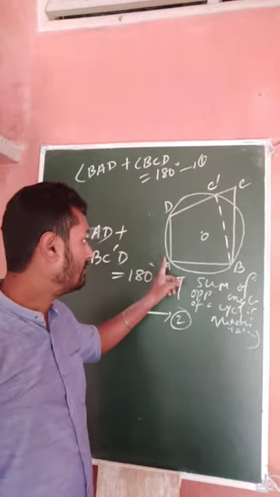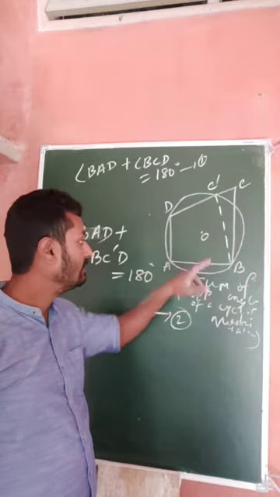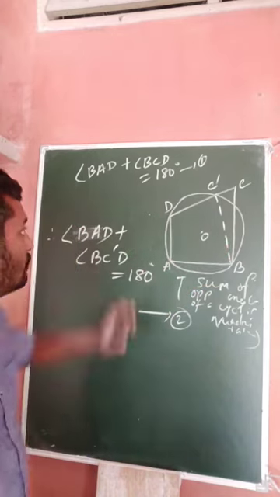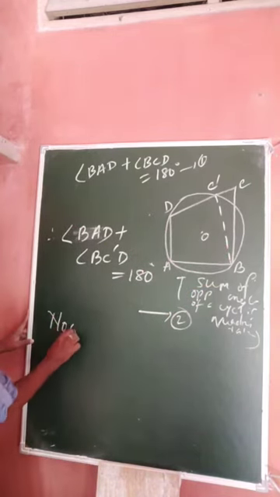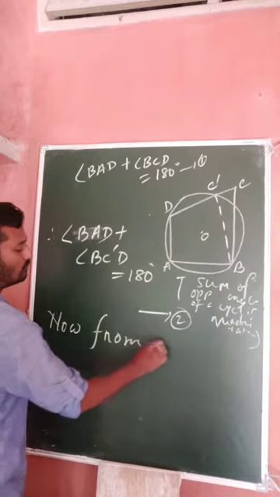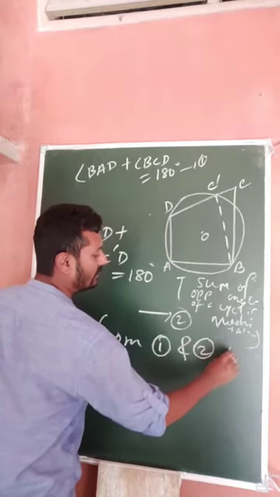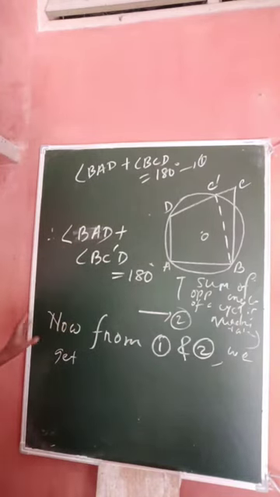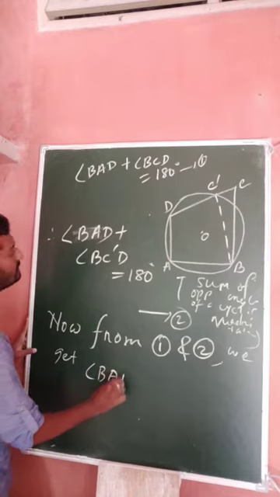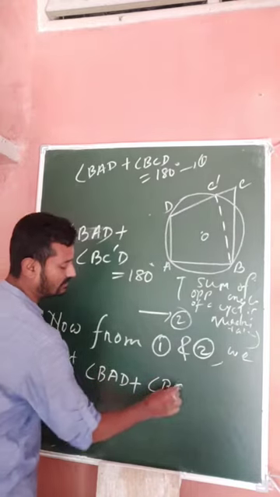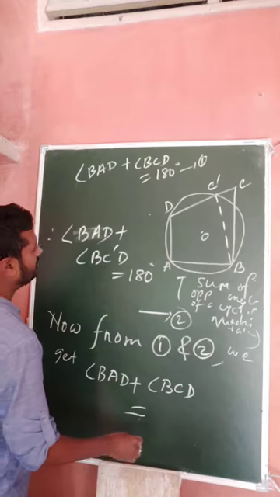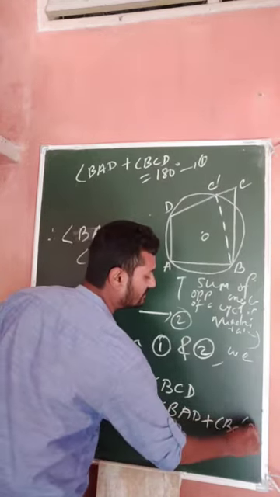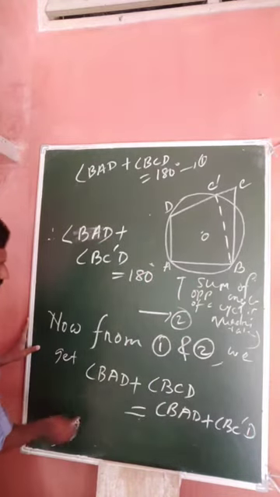Because in the given question, ABCD is a quadrilateral where the opposite angles BAD plus BCD equal 180 degrees, and we have to prove that ABCD is cyclic. So that point is 1. Now from 1 and 2 we get that both right-hand sides are 180, so the left-hand sides must be equal. So BAD plus BCD is equal to BAD plus BC dash D. Now BAD cancels.